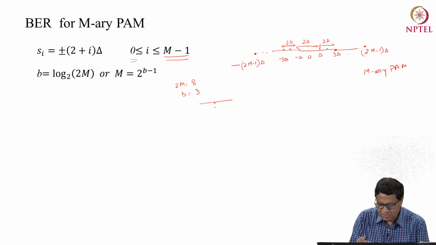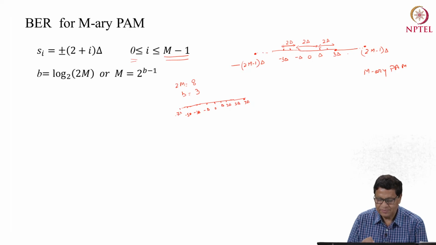So starting from delta, this will be 3 delta, this will be 5 delta, and 7 delta. Similarly, on this side you have minus delta, minus 3 delta, minus 5 delta, and minus 7 delta.